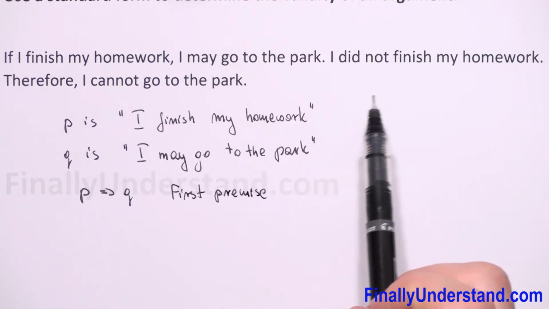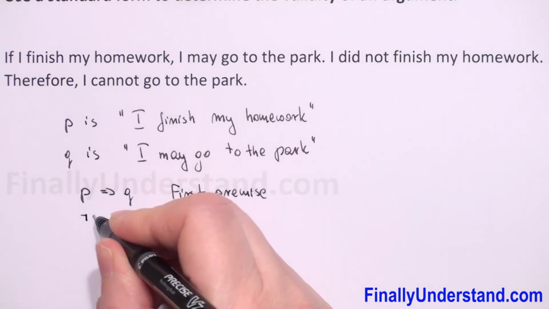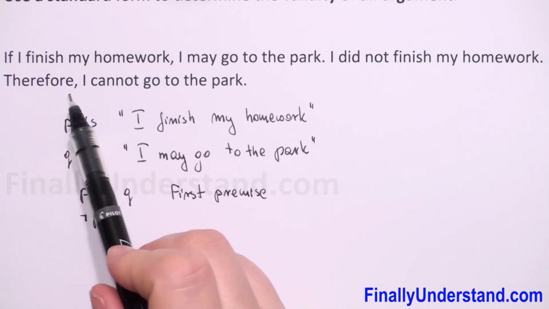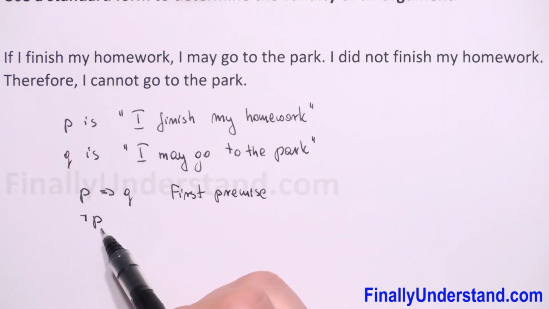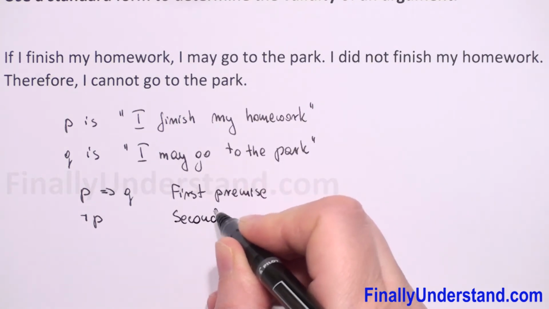Next, we have I did not finish my homework, so we have the negation of P. And because we have "therefore" after it, this negation of P is our second premise.